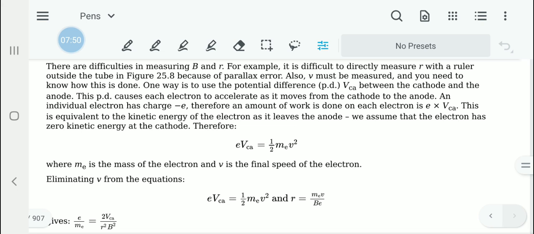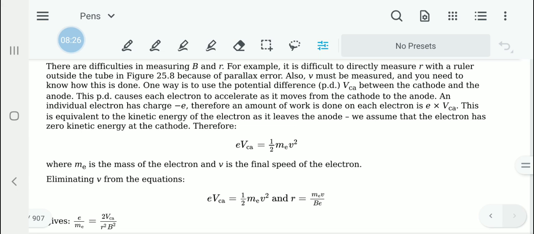Considering that each electron has zero kinetic energy at the cathode, we can say that the work done would be equal to the kinetic energy of the electron as it leaves the anode.